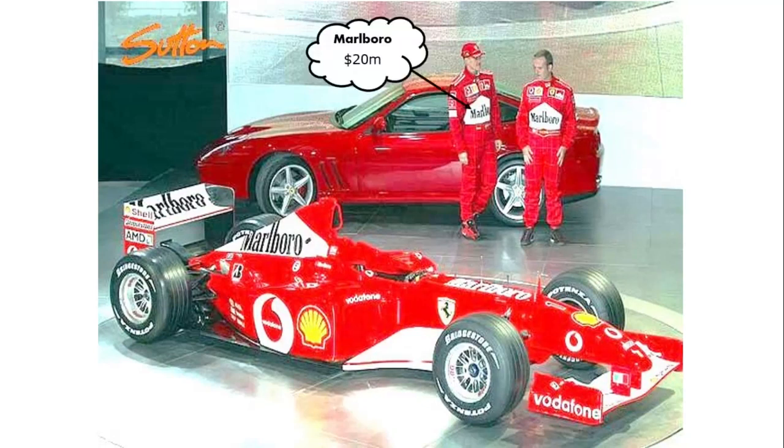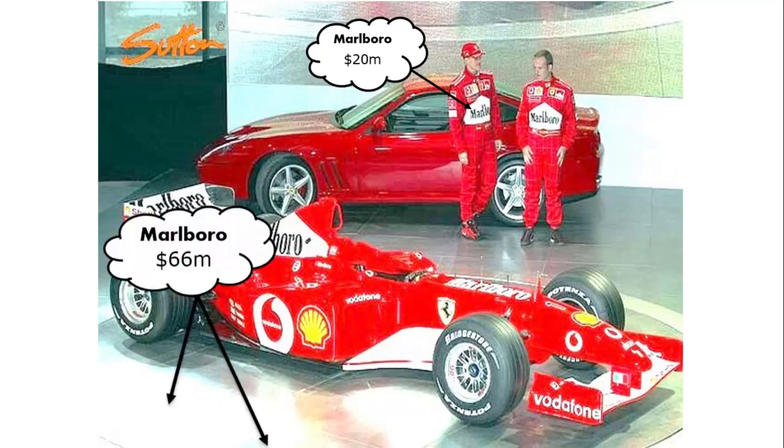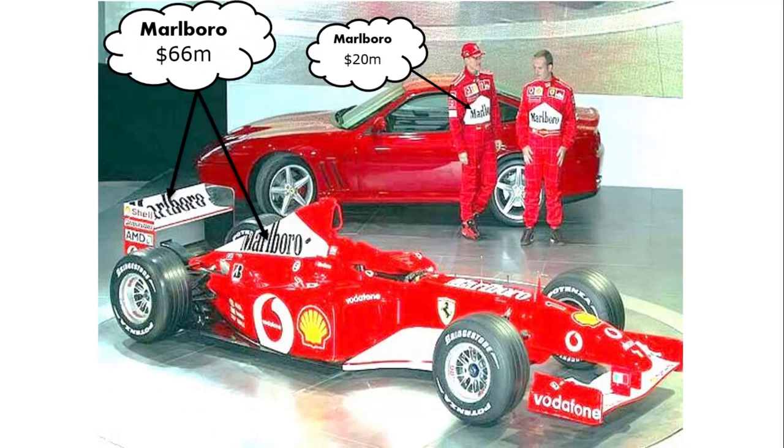So first, as you can see, Marlboro. These statistics are a bit old, I didn't really update them, but around 2010 we had these numbers: 20 million American dollars against these commercials on the driver suits, and on the cars themselves, because they have a bigger space, $66 million.